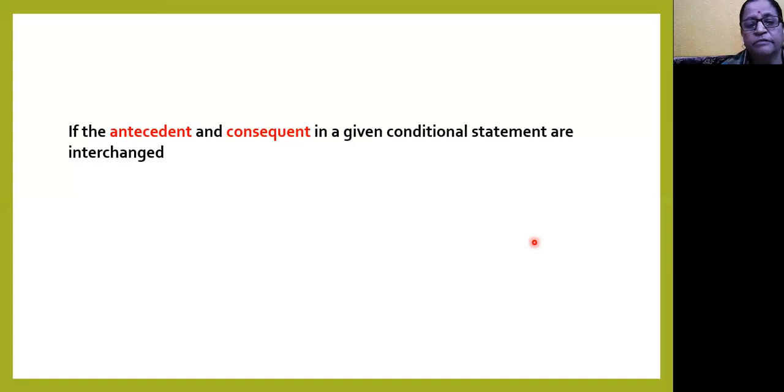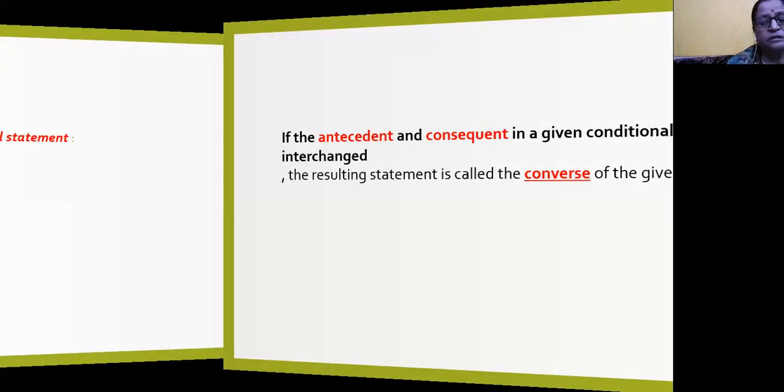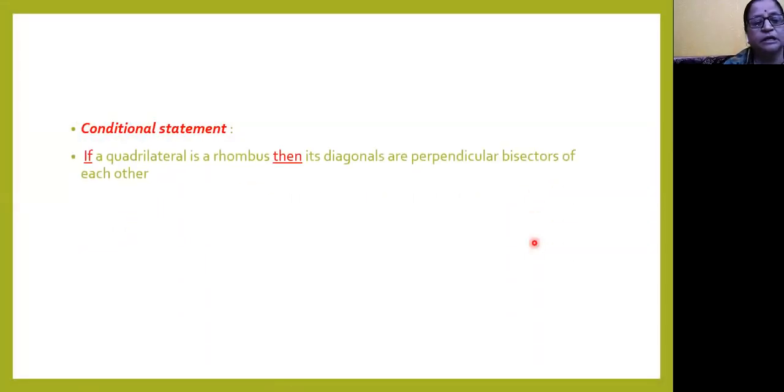If the antecedent and consequent of a conditional statement are interchanged, the resulting statement is the conversion of the given statement. In the above statement, the antecedent and the consequent are interchanged. The conditional statement is: if the quadrilateral is a rhombus, then its diagonals are perpendicular bisectors of each other.